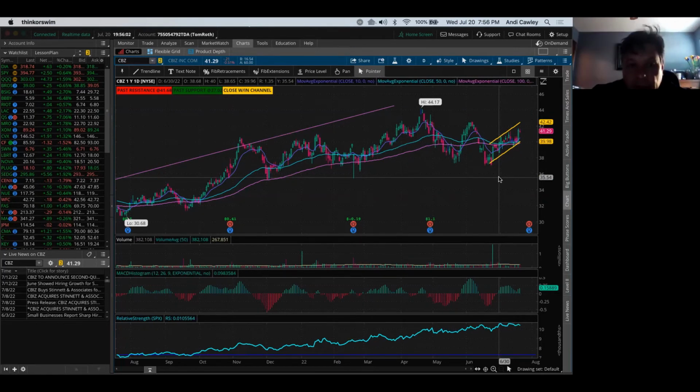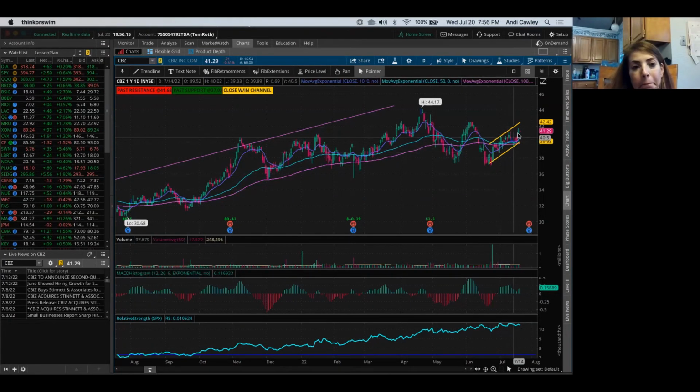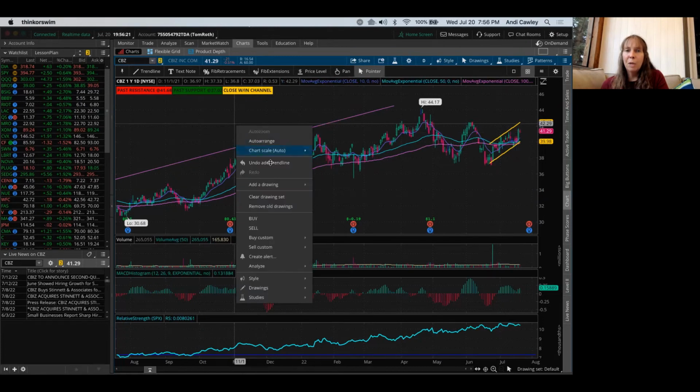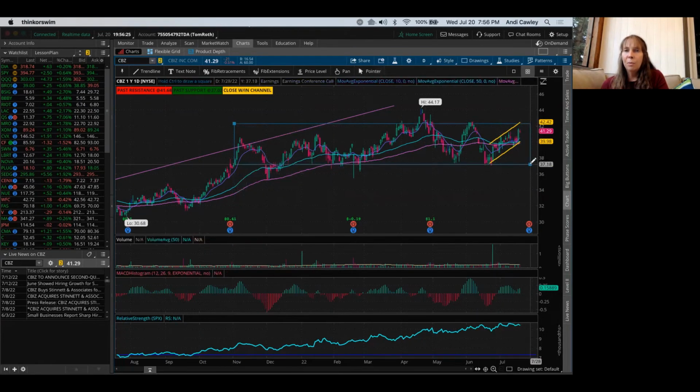But this is daily. So you said it started at $30.68, or it was around $30. Yeah. And it went up $12. Jeez. Yep. So right now, again, we can put this rectangle on here and do this sideways.